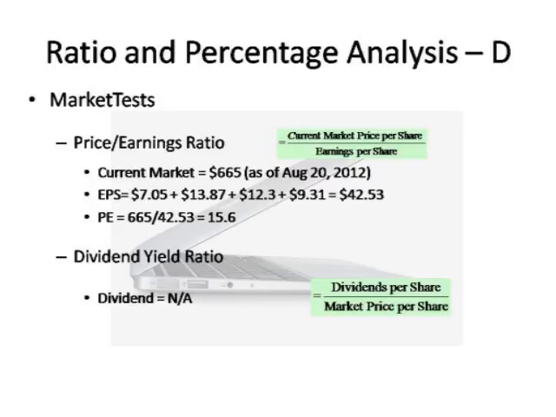The market price is about $665 and the EPS is $42.53, so the P/E ratio is 15.6. This P/E ratio is pretty low, and the dividend yield ratio is defined by dividends per share divided by market price per share. Because dividend is not available, this number is not available.